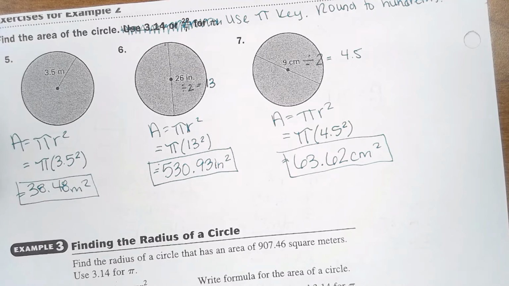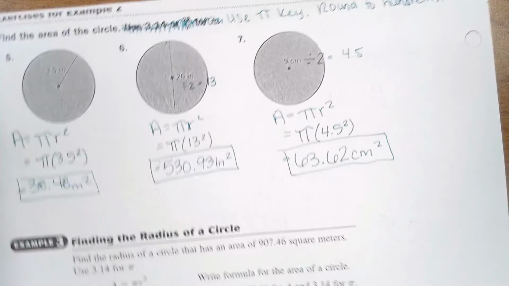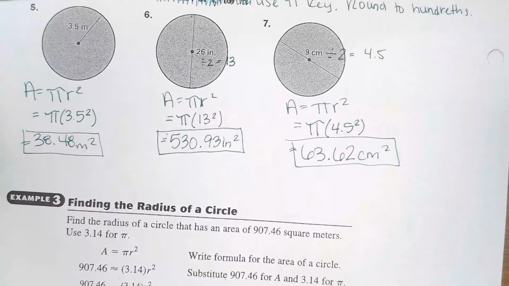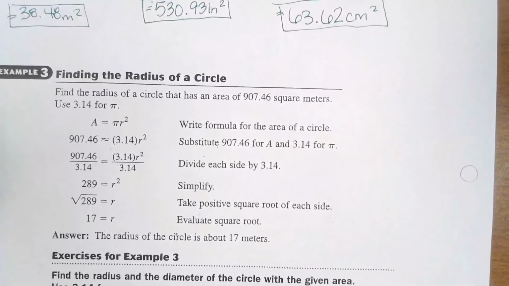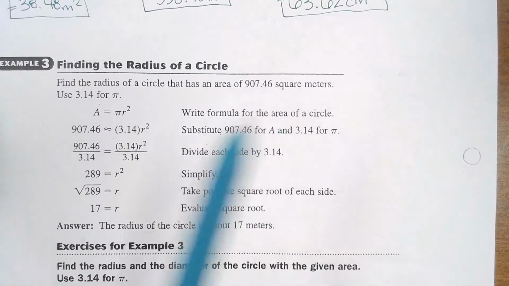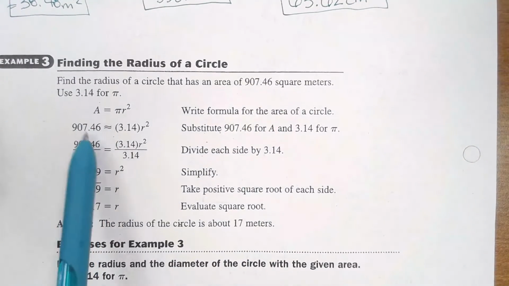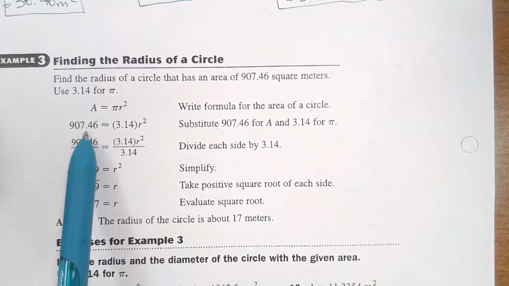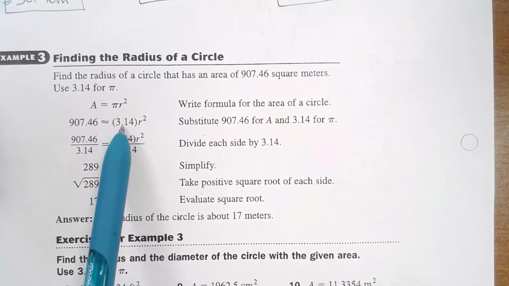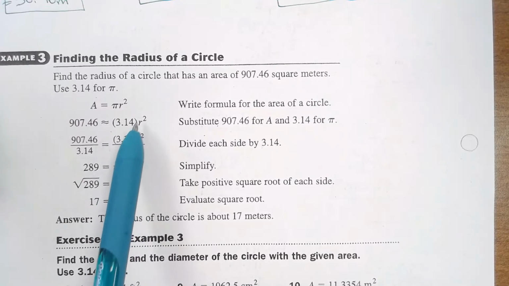All right, then the last part here. These are some enrichment questions, so if you guys can understand these, then awesome job. What they are doing is they give you the area. In your formula, if they give you the area, you would plug in that number for A. You are going to plug in 3.14 for pi like normal. For this question, they want you to find the radius.